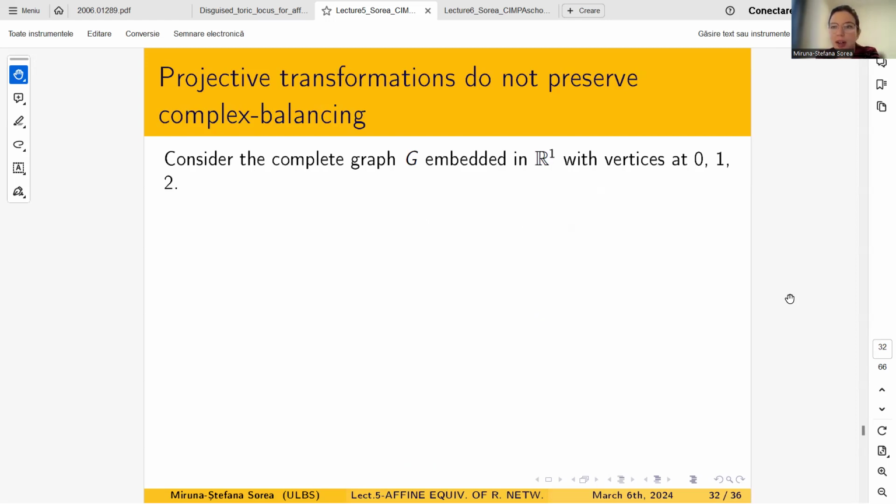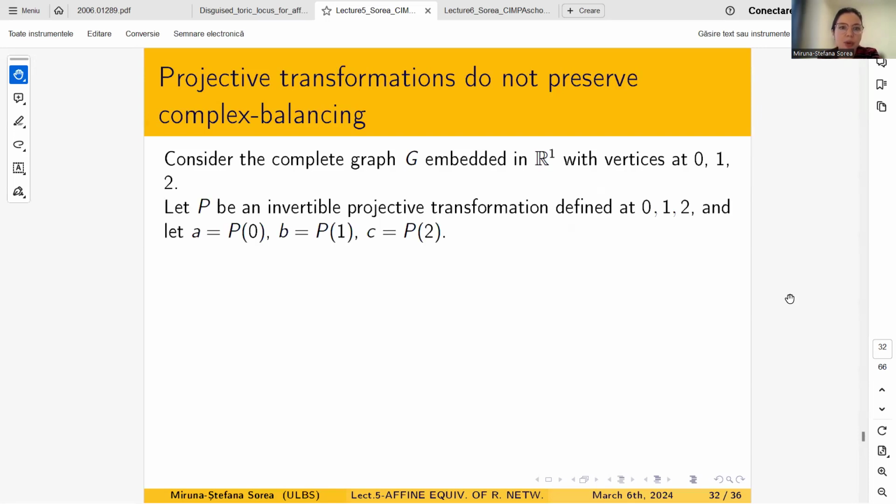One can imagine, in R to the 1, the graph with 3 vertices, 0, 1, 2, and we consider the complete graph on these 3 vertices. Now, we define an invertible projective transformation that is pointwise defined on these 3 vertices. Let's just call A the image of 0 by this transformation, B the image of 1, and C the image of 2.